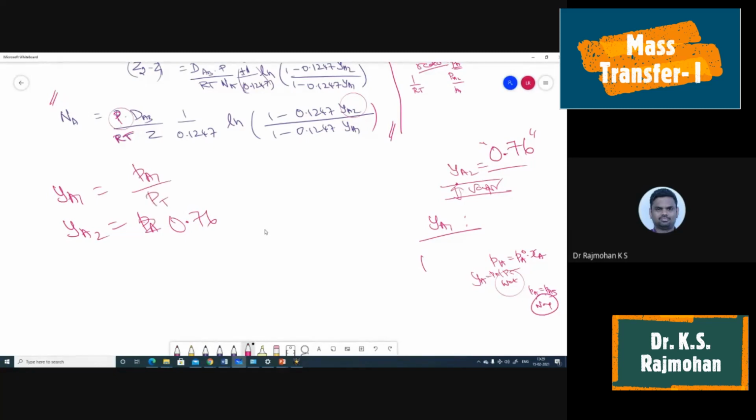Okay, and what is PA1? PA1 is equal to PA naught into XA. PA naught is given for saturation. How much is it given? 1044.9 mm Hg.